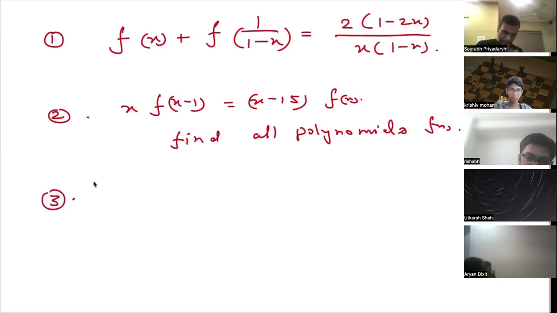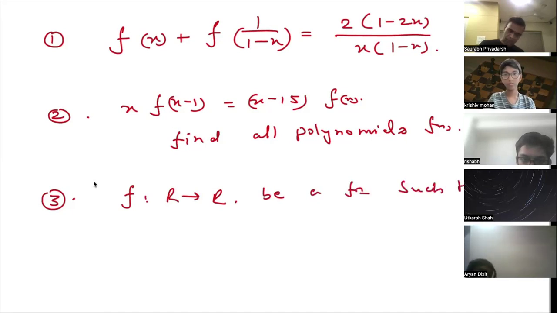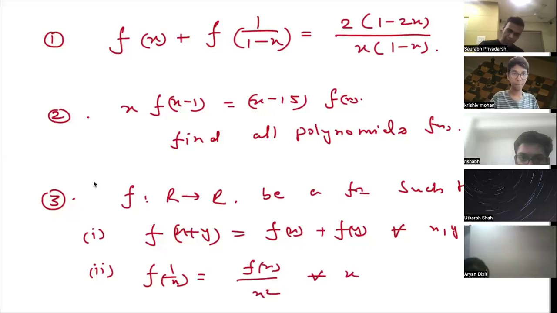Fx. x, y belongs to R. Second, fx by x square for all x not equal to 0.